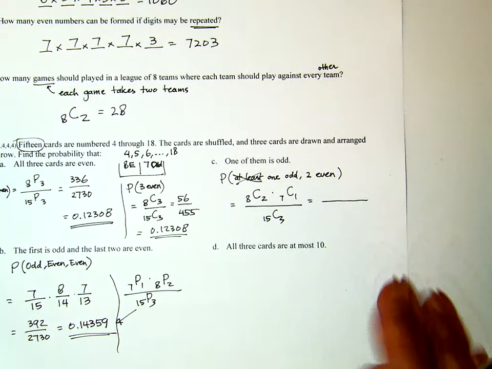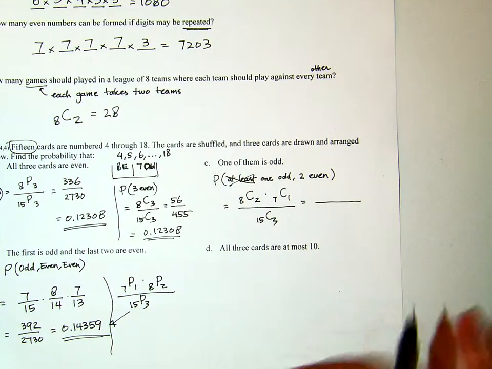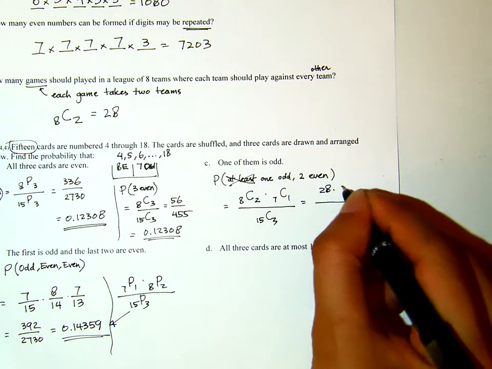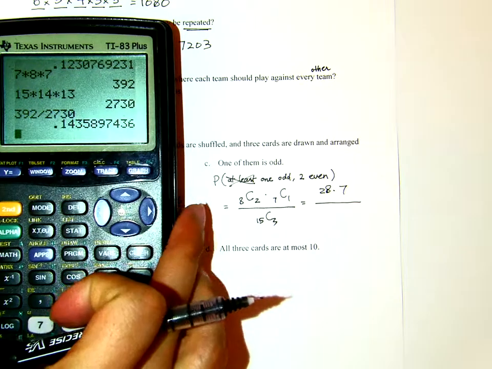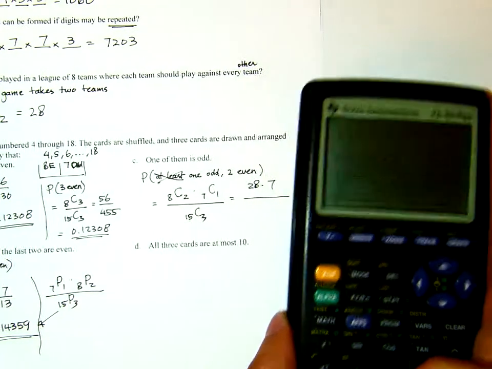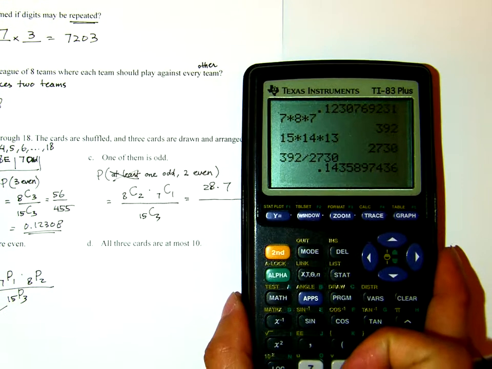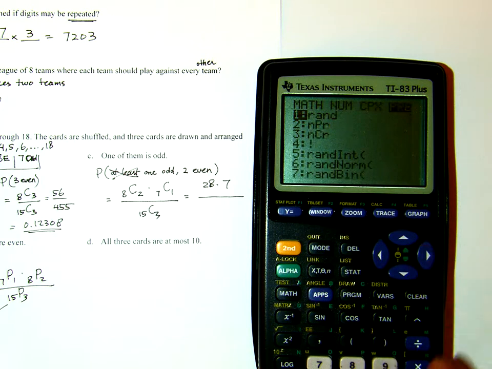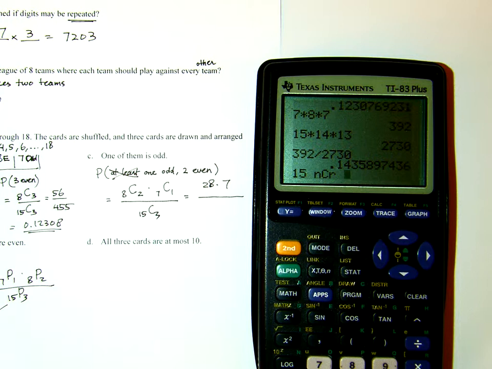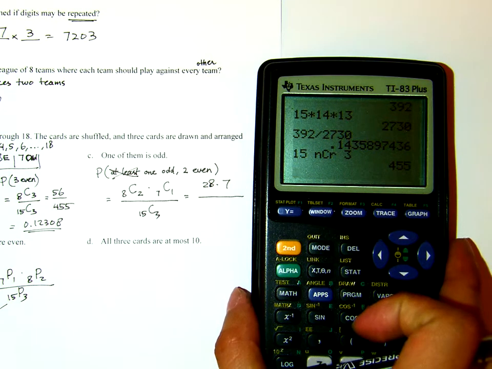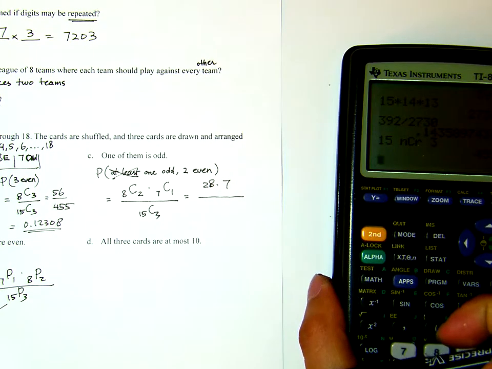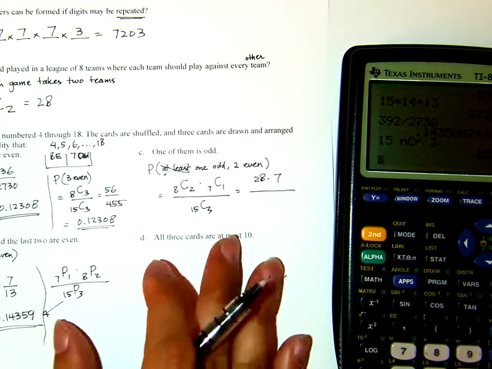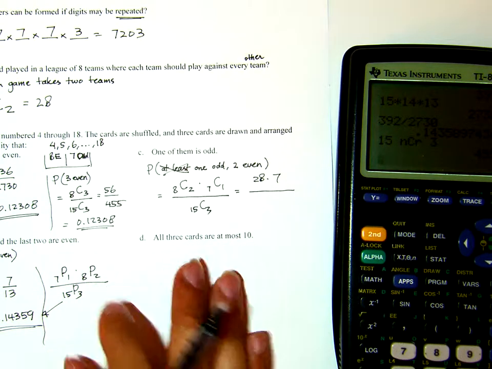On the top, 8 choose 2 is 28, 7 choose 1 is 7, and 15 choose 3 is 455, which I can just take from there.